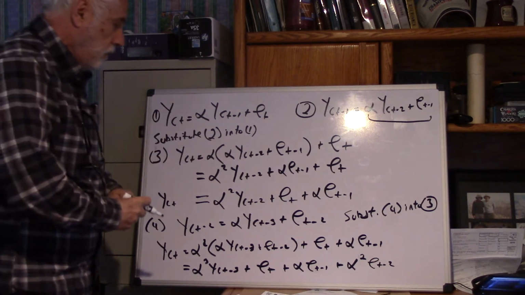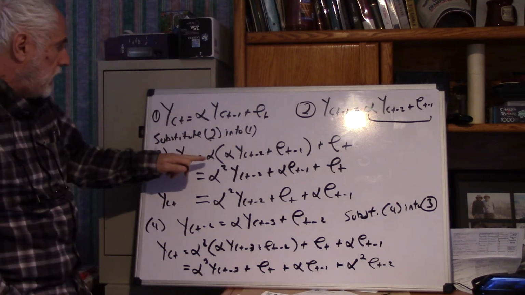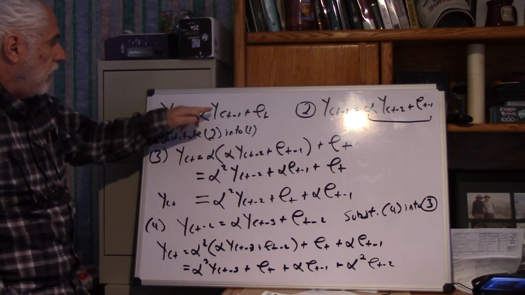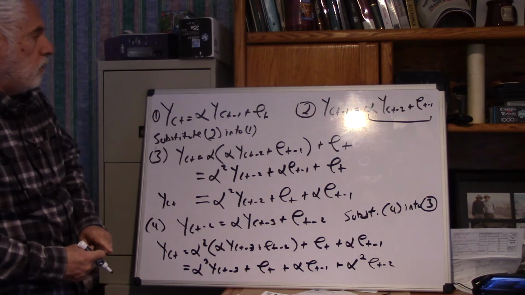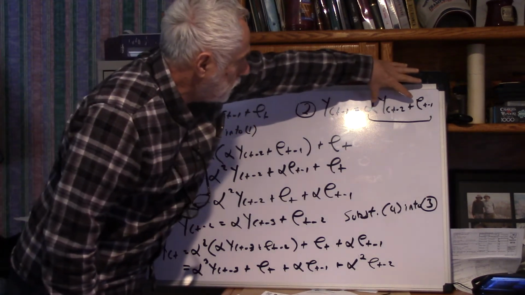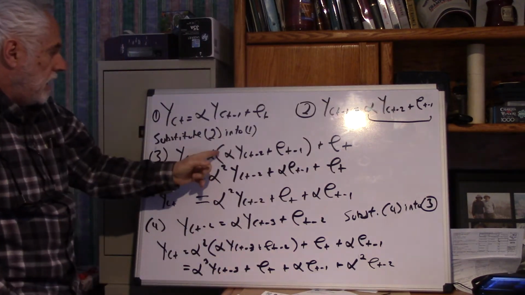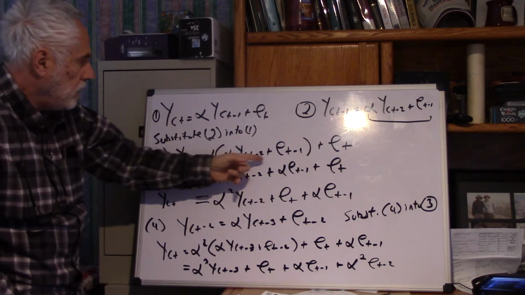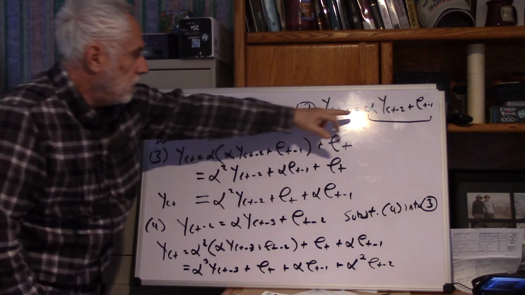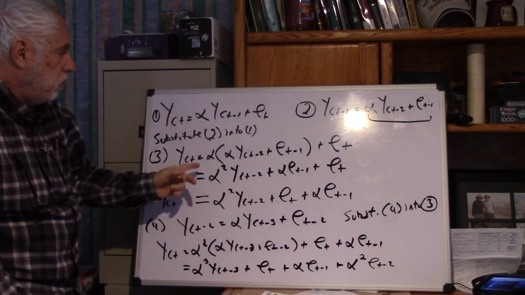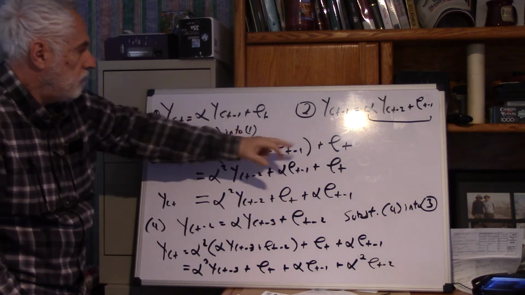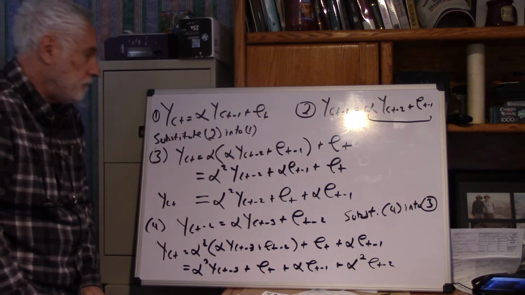So what we have now is Y^C_t equals alpha, which is that variable, times Y^C_{t-1}, but what we do is substitute this expression into here, and in brackets this is Y^C_{t-2}, which is identical to what we have here, then plus the demand shock from period t, which is ε_t.